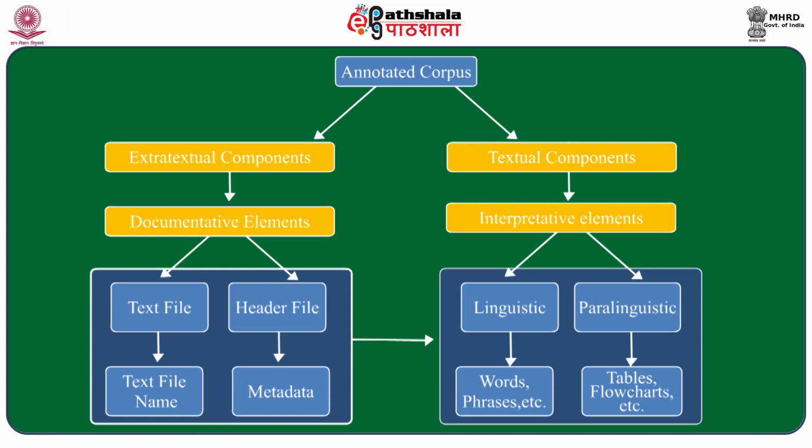So these are basically gateways, external elements which help us handle the texts properly. So we find there are extratextual components and intratextual components. The figure given here represents what is available in an annotated corpus.